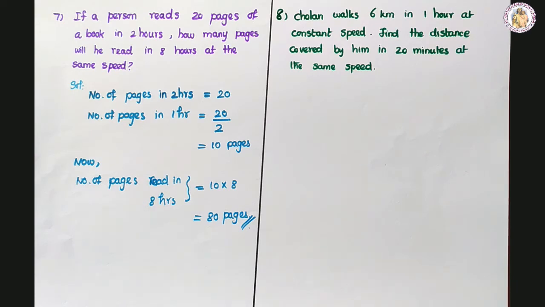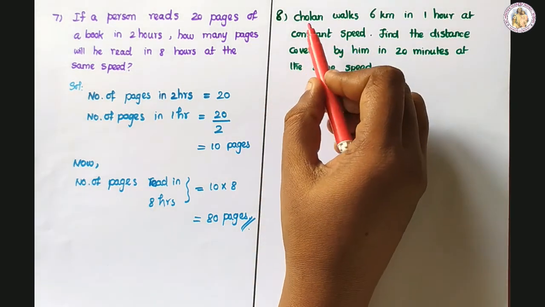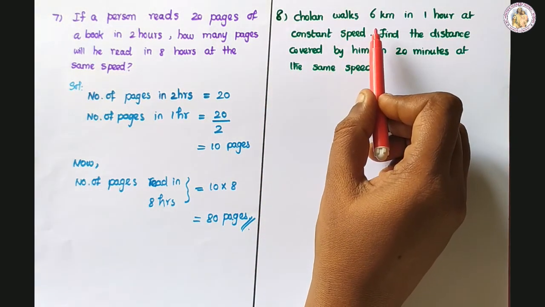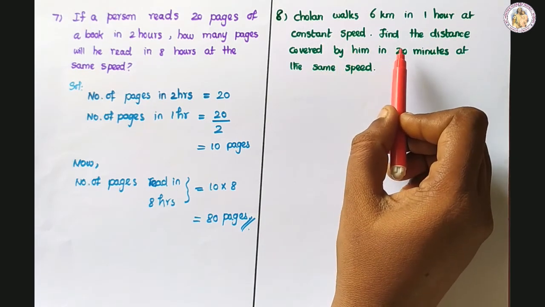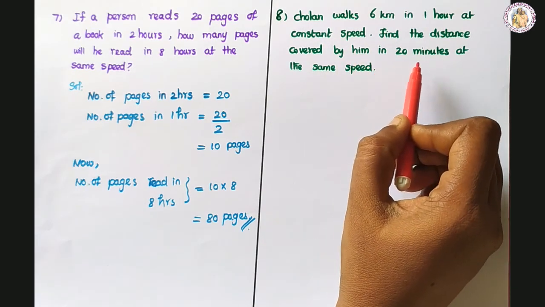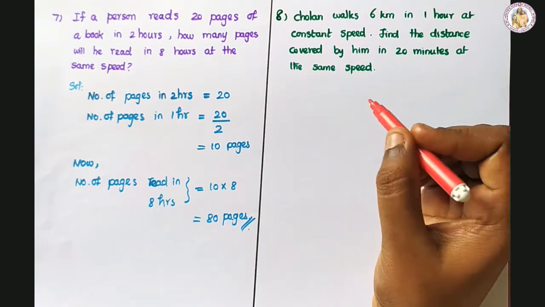Next one. 8th question. Cholan walks 6 kilometers in 1 hour at constant speed. Find the distance covered by him in 20 minutes at the same speed.